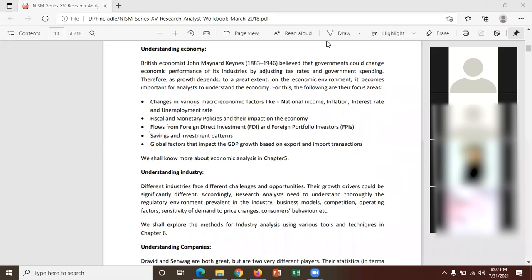And now once you select, I want to put in my money in, let's say, the automobile industry. Now under the automobile industry there would be so many companies, right? अब उसमें भी कौन सी कंपनी में पैसा लगाऊं मैं? That would come under the company analysis. So this is the flow of the EIC approach.